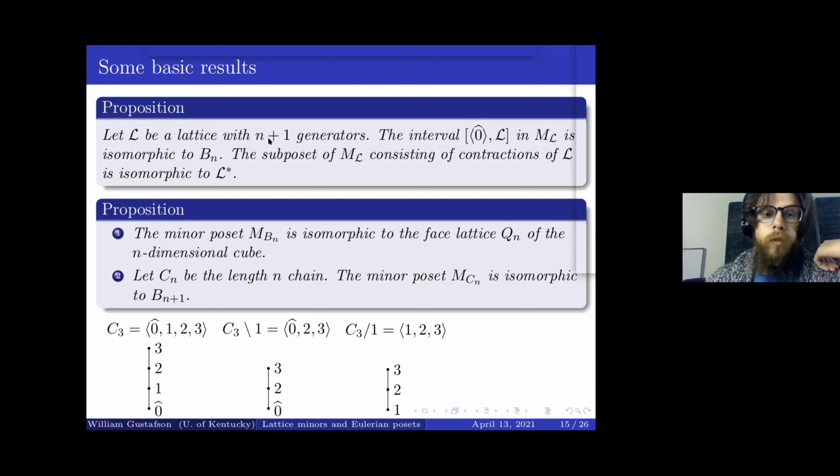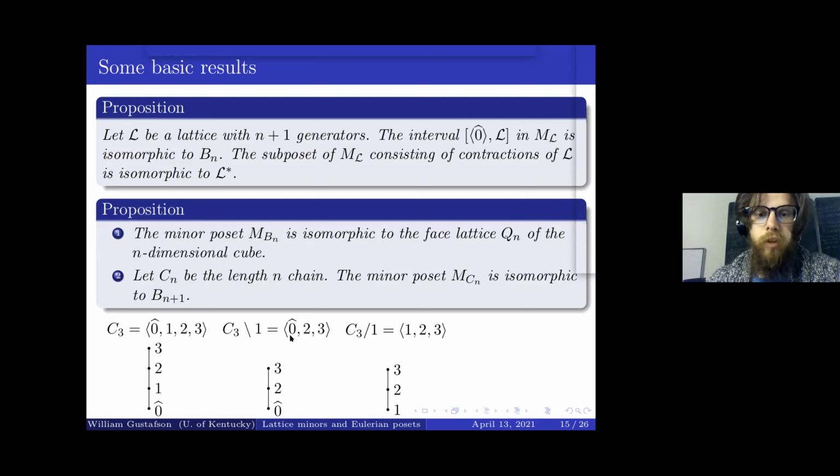Okay. So the second proposition here: the first part is what I said on the last slide, that the minor poset of the Boolean algebra is exactly the face lattice of the n-dimensional cube. The second one is, if you look at a chain, the minor poset you get is the Boolean algebra now of one rank up. Okay, and I've got a little picture of how you might see that.